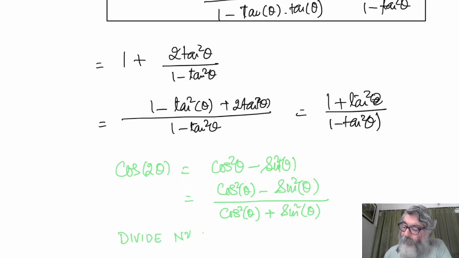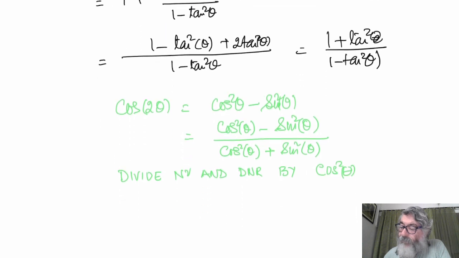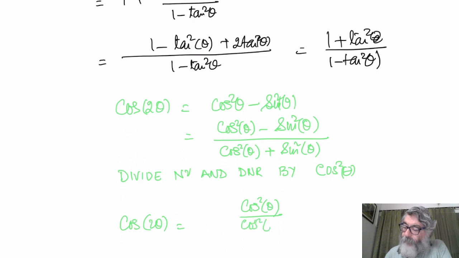Cos 2 theta will be equal to cos square theta upon cos square theta minus sin square theta upon cos square theta.